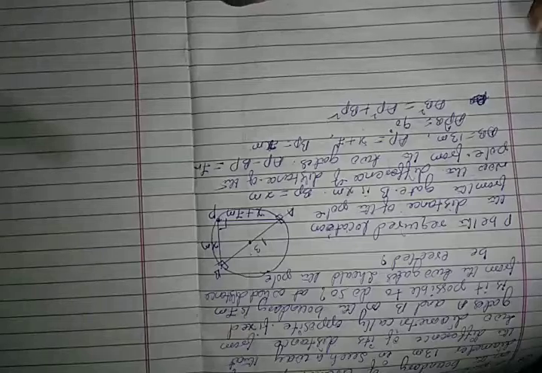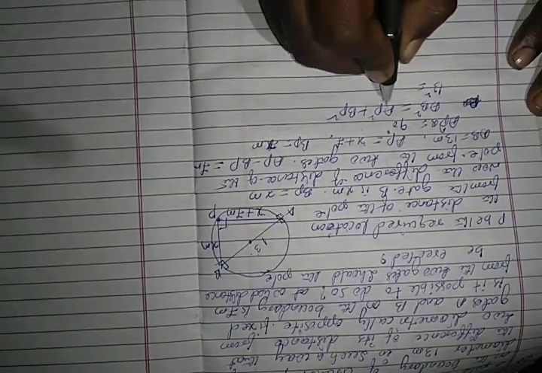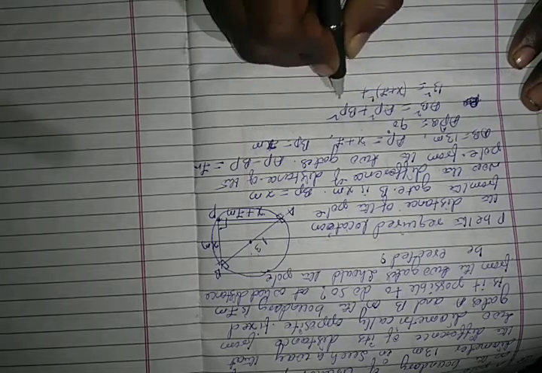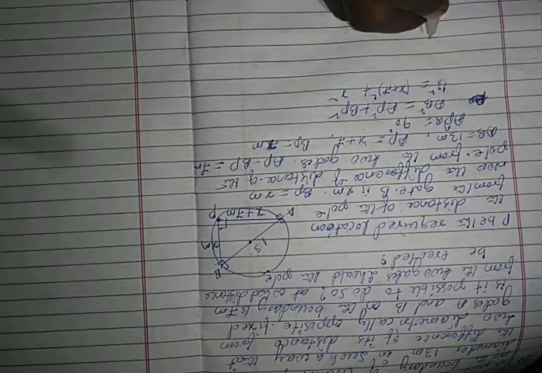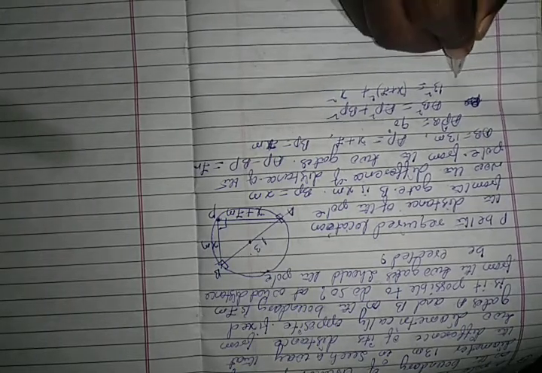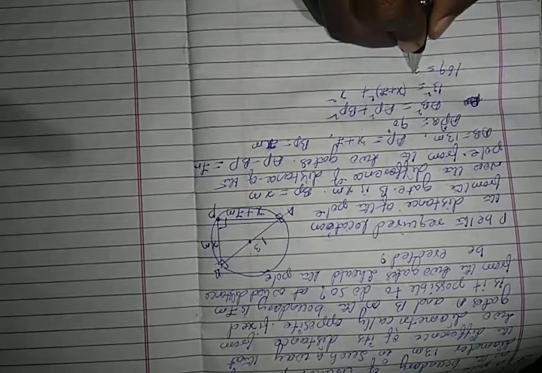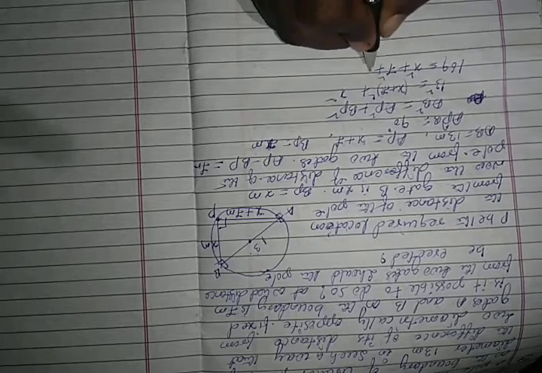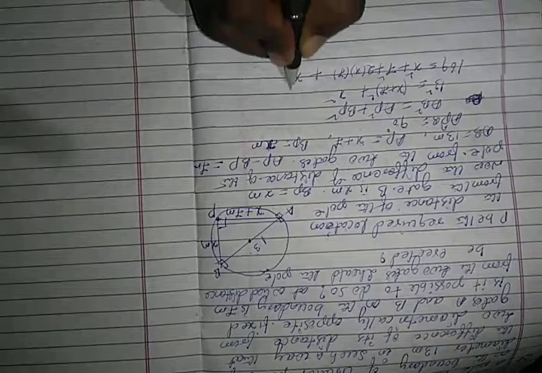Let us substitute the values. AB, that is 13 square, is equal to AP, x plus 7 whole square, plus BP, that is x square. So 13 square is 169, equal to (a plus b) whole square, a square plus b square plus 2ab, plus x square.